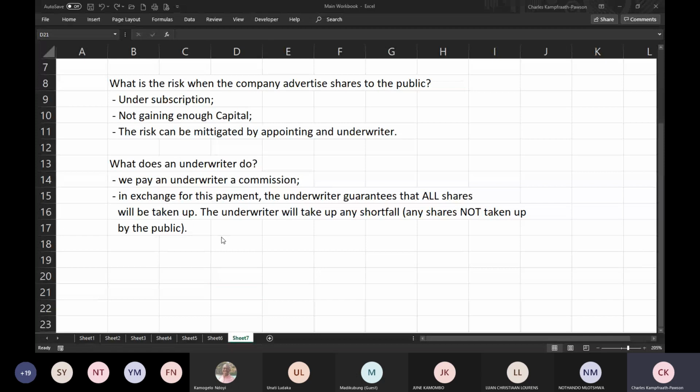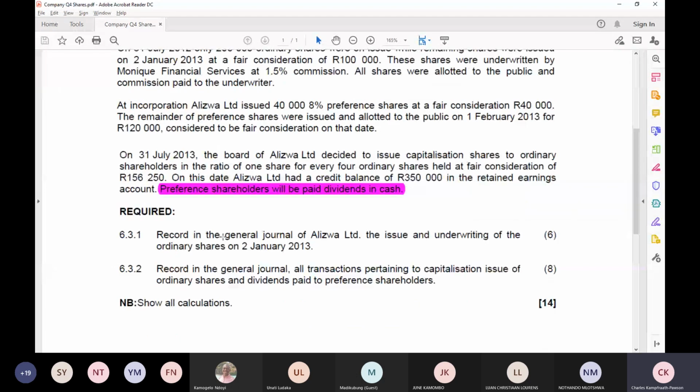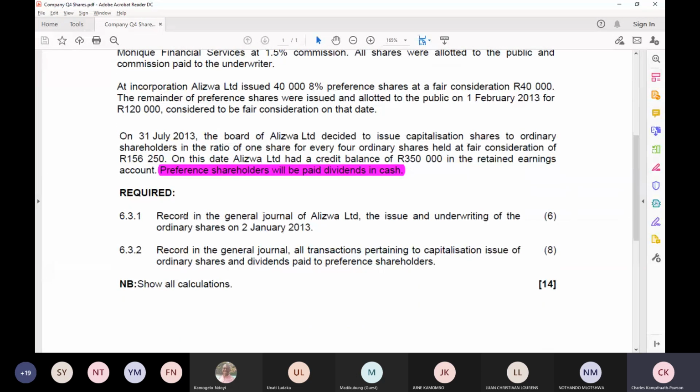Okay, let's look at the required part. Record in the general journal. So before I read that, what's important about the required part in the exam? You need to know what they want, for when they want it, and how they want it. So what, when, how.